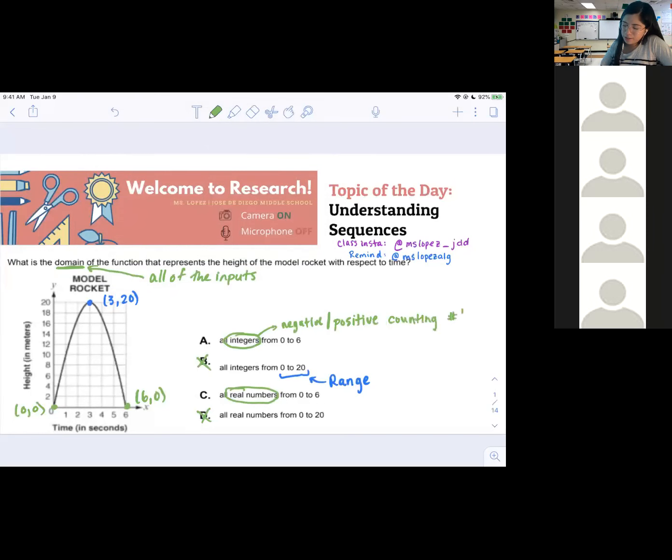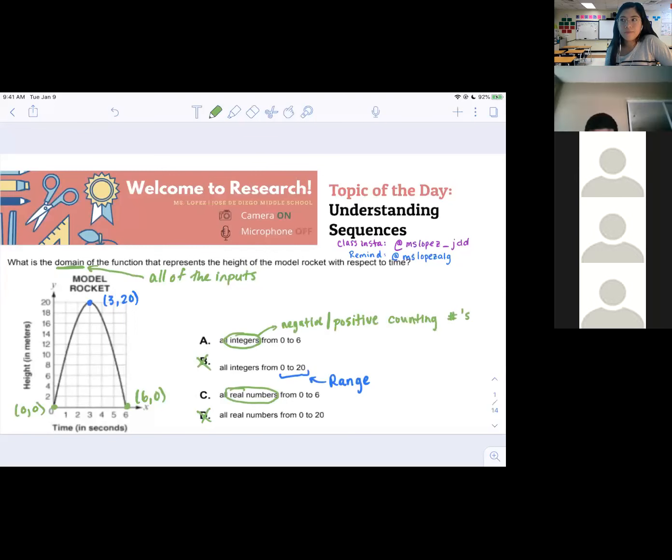Which means, somebody give me an example of an integer. 3, positive 3. Give me a different one. Negative 5. Now give me an example of something that's not an integer.